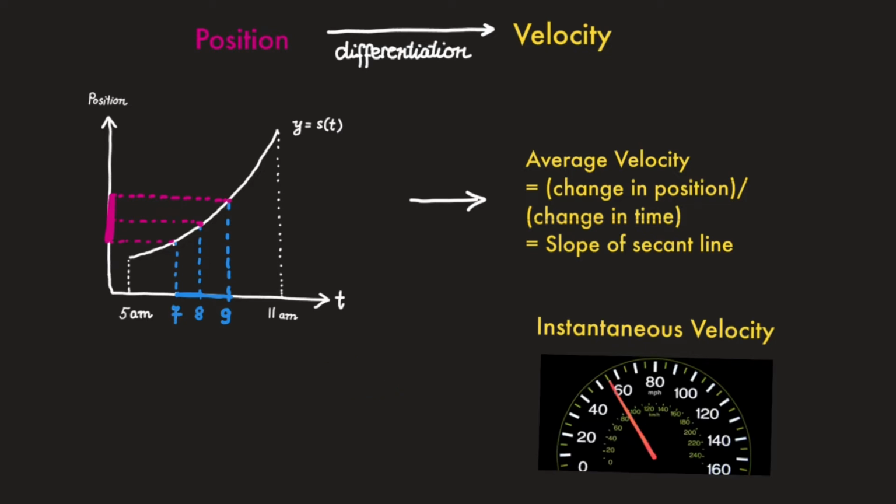This would be your average velocity between 7 and 9 a.m. It's equally easy to find your average velocity between 7 and 8 a.m. You simply again take the total distance traveled and divide it by the duration traveled, which in this case is an hour. You can do the same thing if I ask you for your average velocity between 7 and 7:30, and even for your average velocity between 7 and 7.0000001.